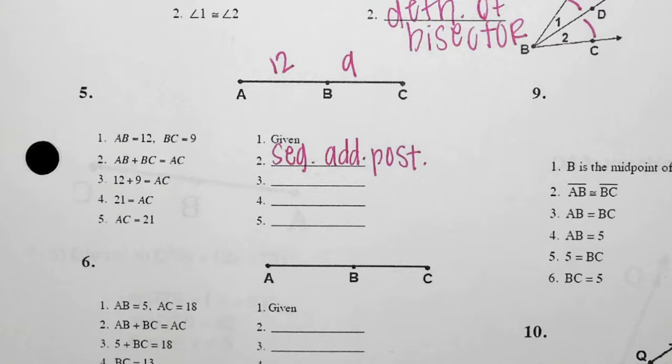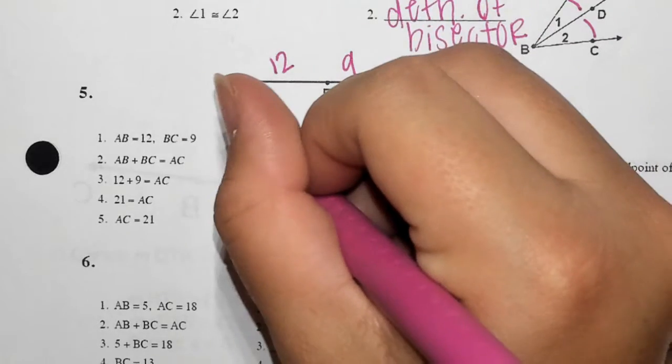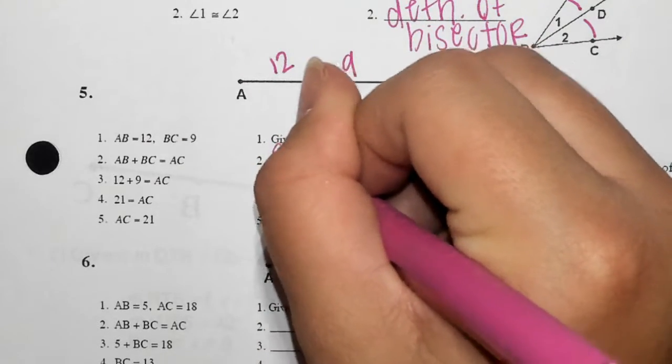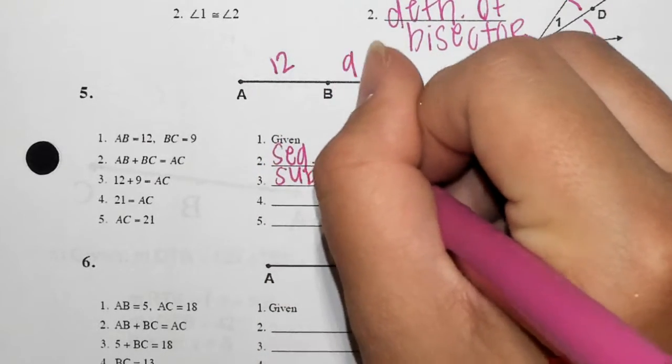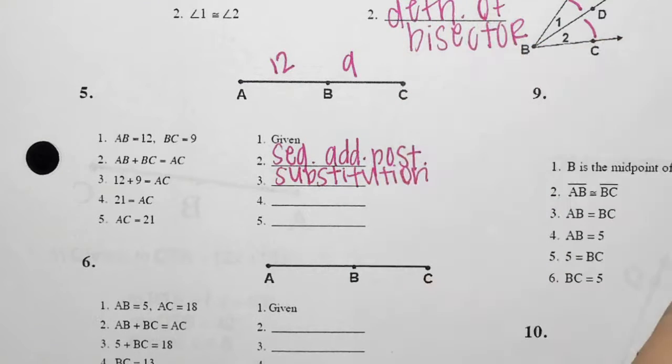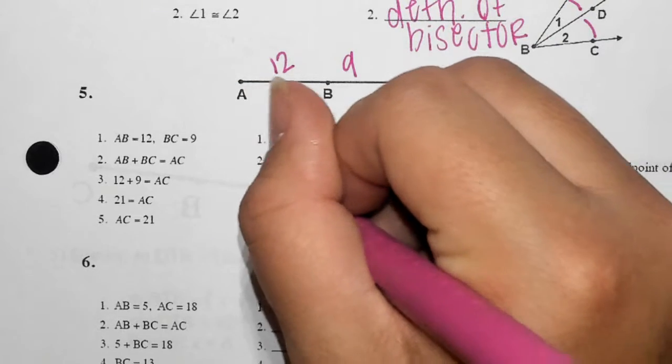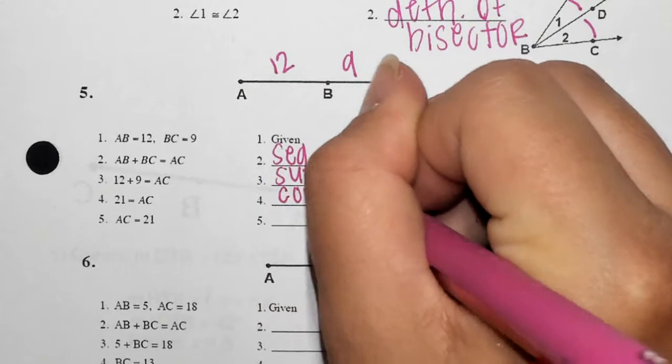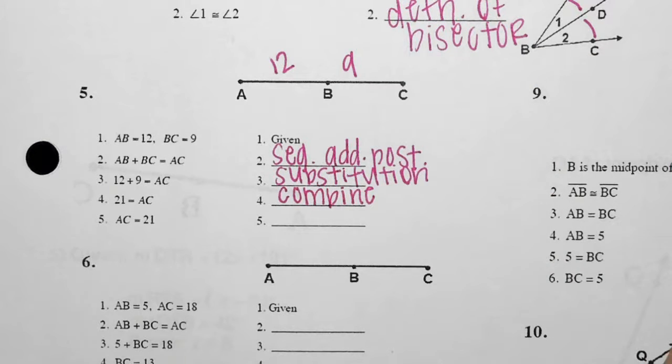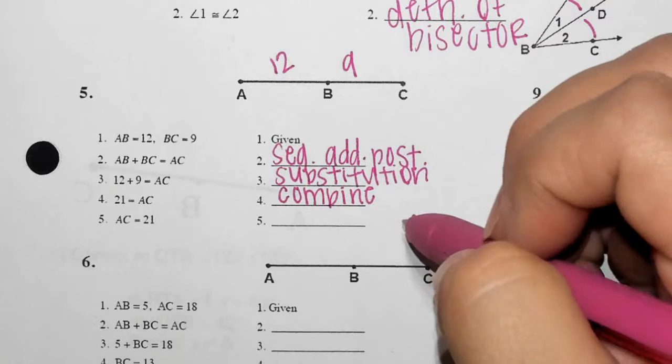What happened in 3? What happened in 4? Yes, I like to use combine when they're on the same side of the equal sign. Technically, you're not wrong. I just like combine. And then what's 5?